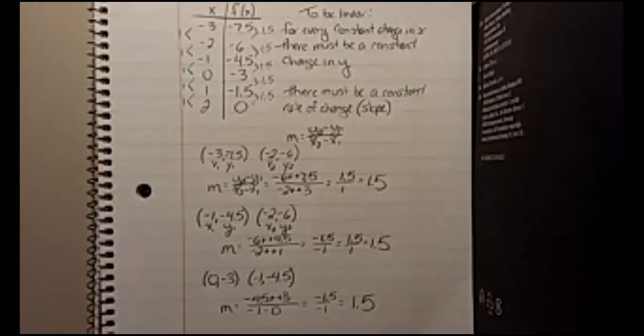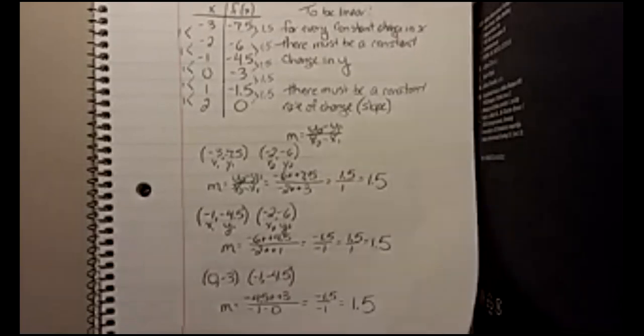All right, let's try another one. Here's another table. With x and f of x. I've got 0, 2, 5, 6.5.